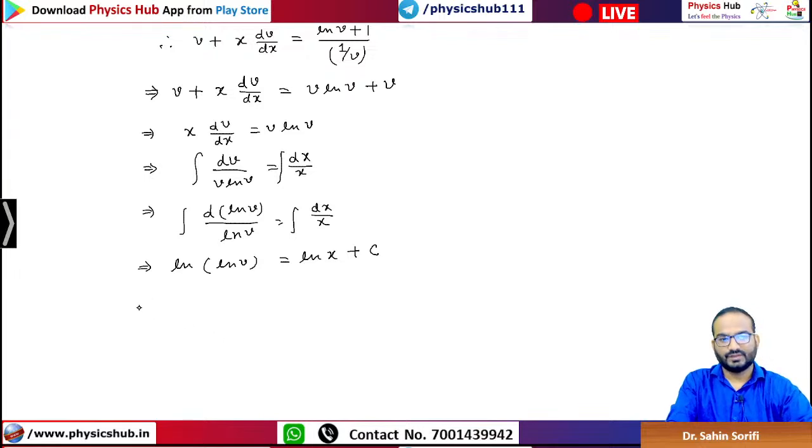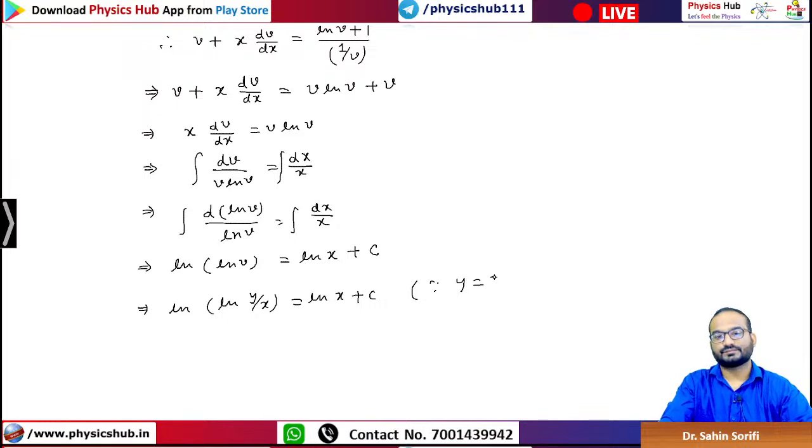Clear? Now we can put back v equals y by x, ln x plus c, because we have considered y equals vx.